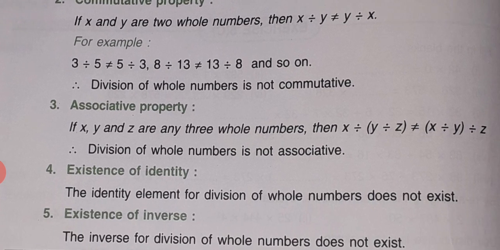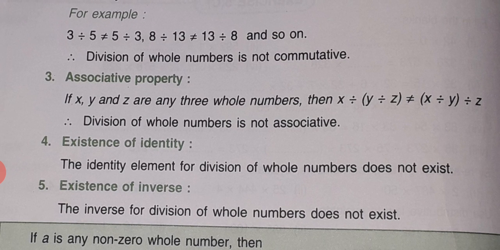Coming to associative property, it says if x, y and z are any three whole numbers, then x divided by y divided by z is not equal to x divided by y divided by z taken in the other grouping. So division of whole numbers is not associative. Then existence of identity. The identity element for division of whole numbers does not exist, and as identity does not exist, the inverse also does not exist.